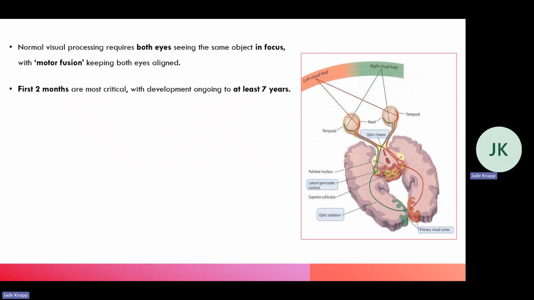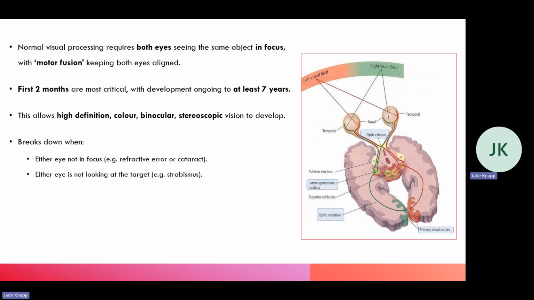So we used to say if you haven't intervened by the age of 7 or 8, it's game over. Now we know that most of it still happens in that time period, but the window is a bit longer. And as I say, this allows human vision, which is high definition, color, binocular, and stereoscopic. And not all animals have this. So some of these features are unique to human animals.